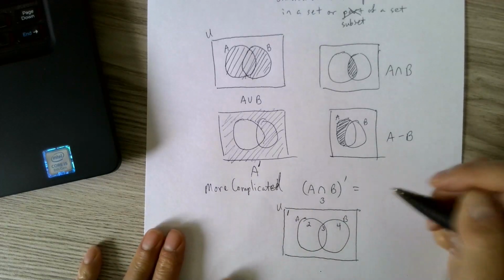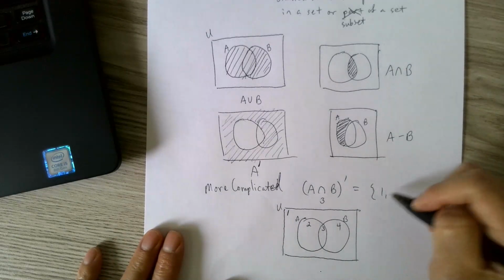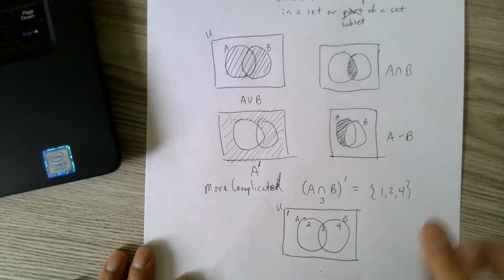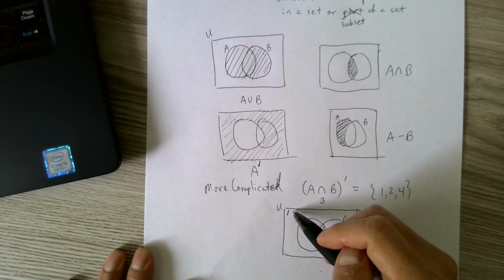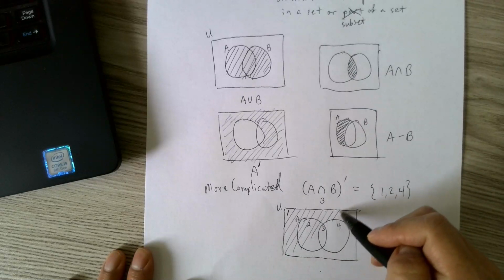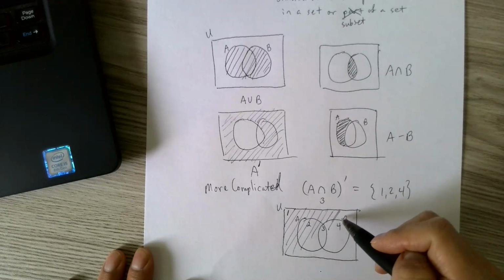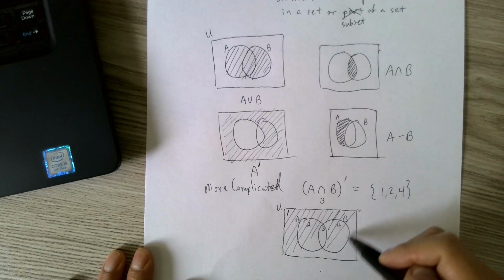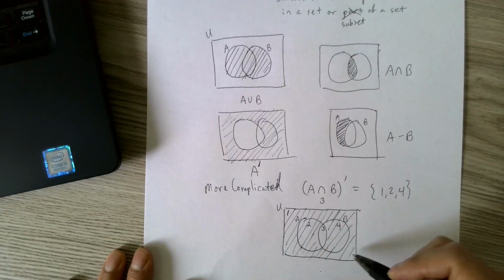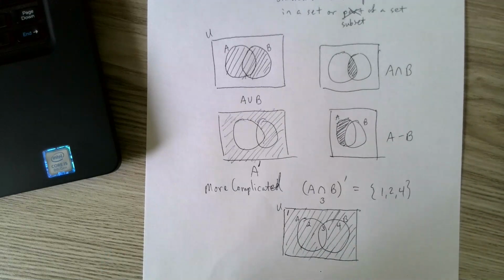So then, in the end, 1, 2, and 4 is the result. So I shade regions 1, 2, and 4. And I shade carefully so that the only region that's not shaded is region 3.